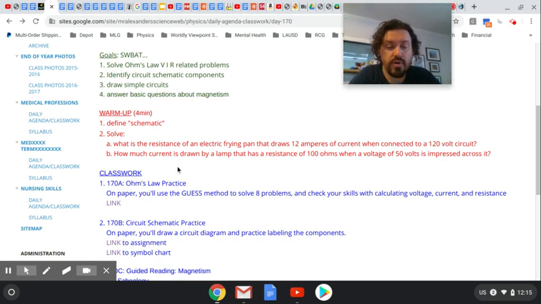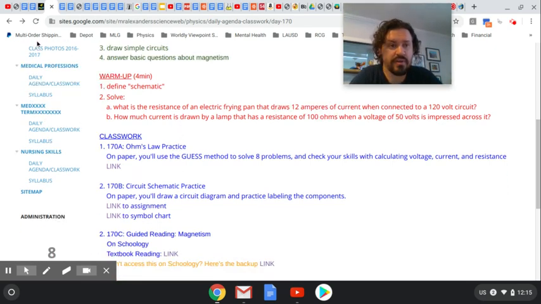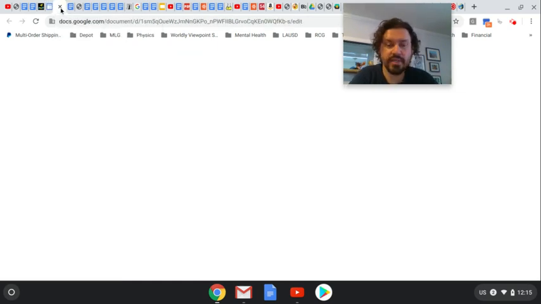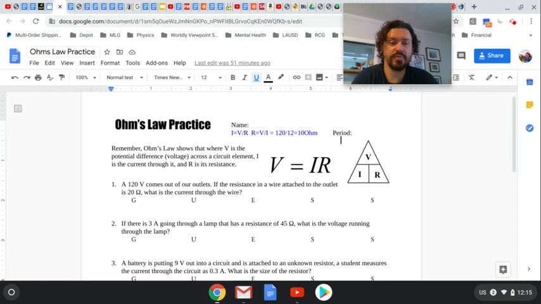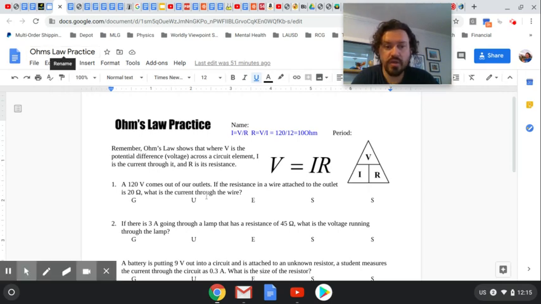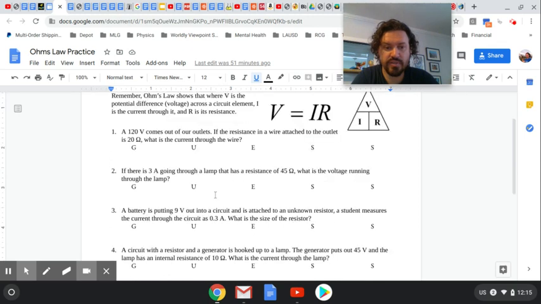Okay, so in the Ohm's law practice, there are a number of problems, 8 actually, that look just like this. And they should be about the same, right? Again, just getting you comfy solving basic problems using Ohm's law. We've got a problem with voltage and resistance. You've got to find the current.